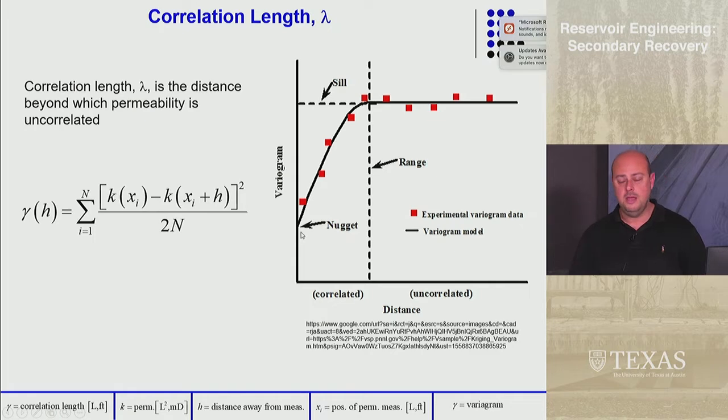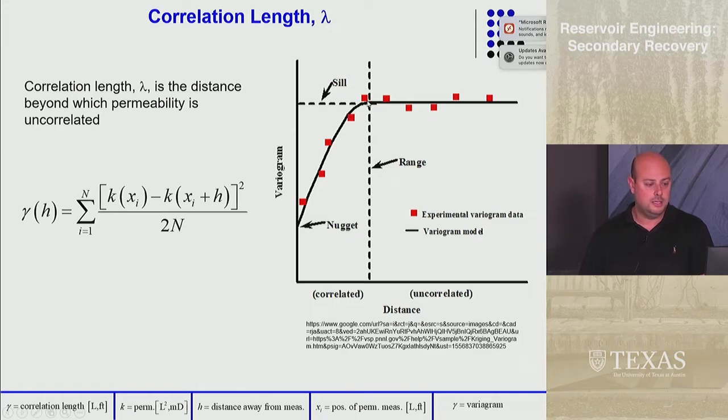Sometimes there's an immediate jump, and we call that a nugget. And if you make this plot, you'll get something that looks like this: up until this distance, this is changing, and when it's changing, that means it's still correlated.